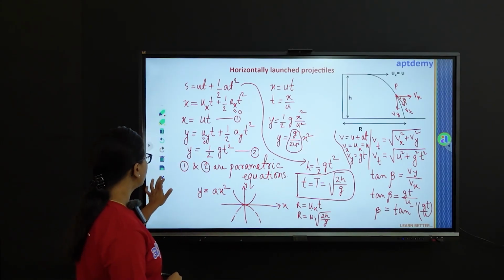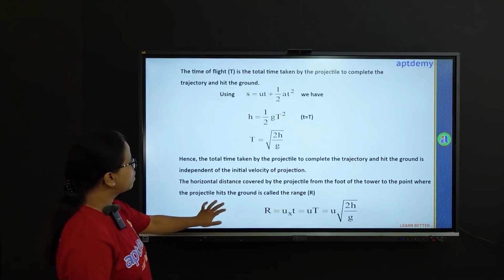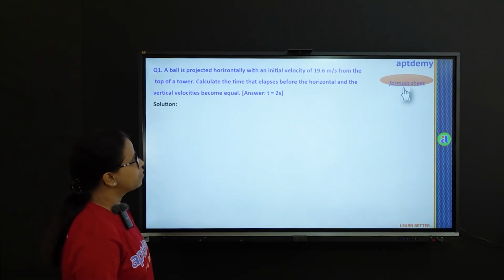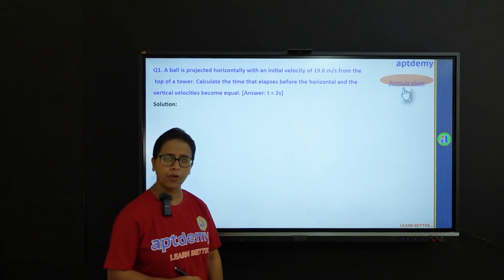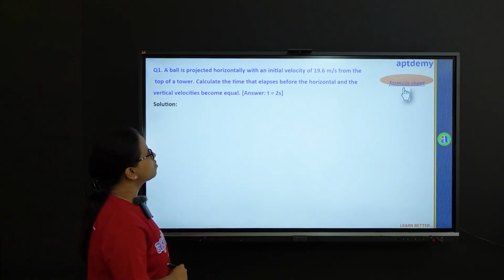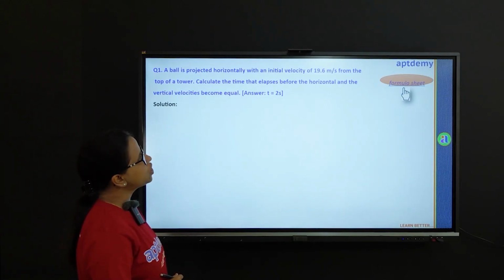Now, let us see the case of a vertical projectile. Before going to that, let us discuss some problems on horizontal projectiles. So, the first problem. A ball is projected horizontally with an initial velocity of 19.6 meter per second from the top of a tower.